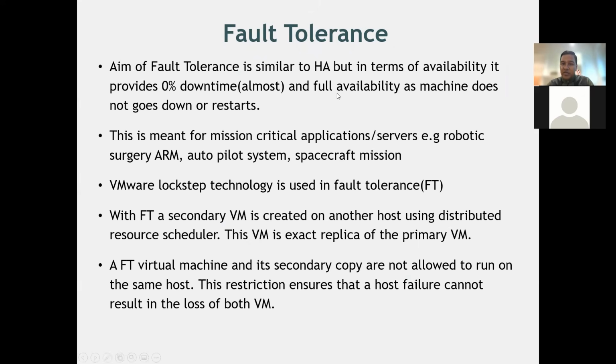That means your machine will always be available, and even if it goes down or restarts, the user will never suffer any loss of data or any lack of service. Fault tolerance and high availability have two points: high availability is related to the host, and fault tolerance is related to the VM. So this is important.